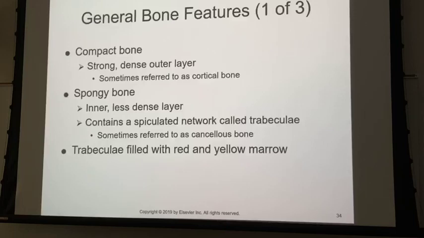So your trabecula, inside of the bone, the marrow cavity inside of the bone contains both red and yellow marrow. And you've got significantly more red marrow in kids than what we have in adults. And by the time you get to adulthood, most of your red marrow, which is where your blood cells are formed, are in your flat bones, in your pelvis, in your skull, in your sternum.